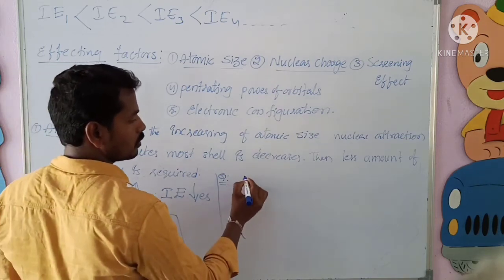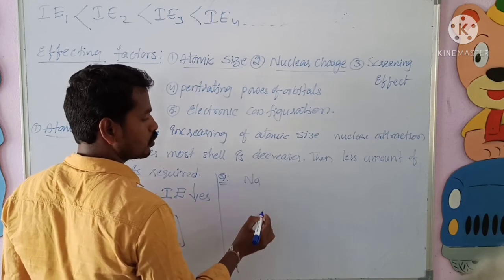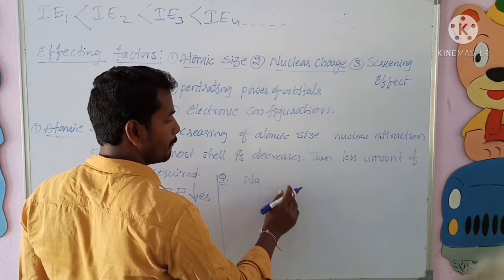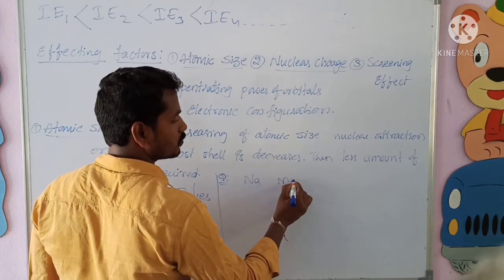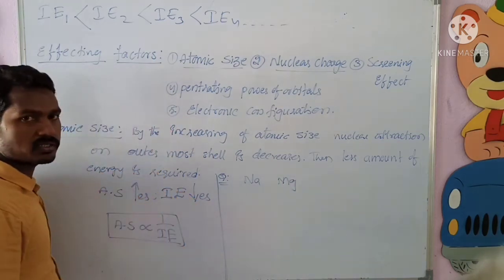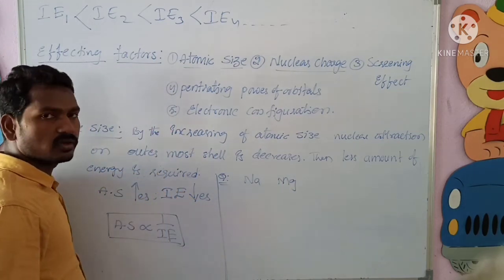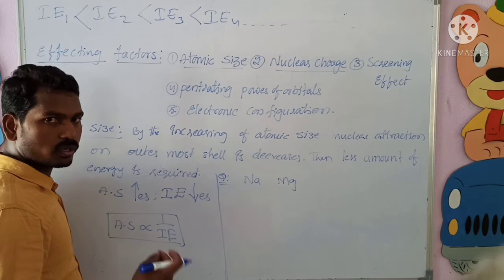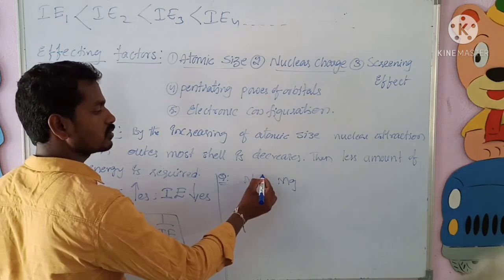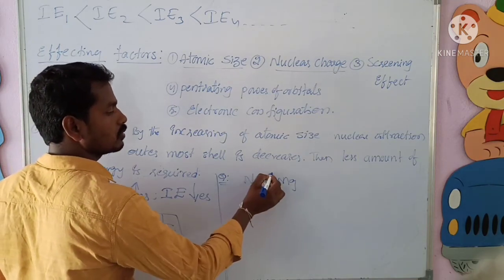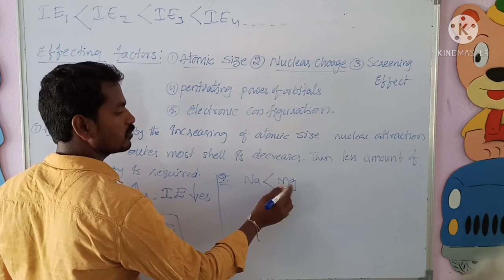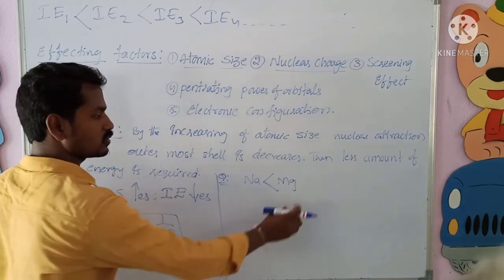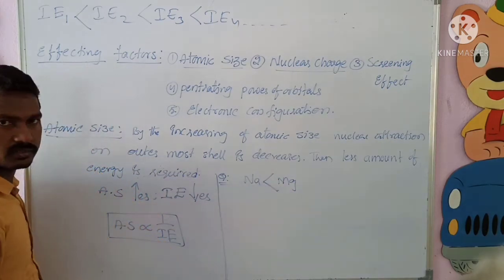Sodium and magnesium: in both cases, which has the more ionization energy? Magnesium has more ionization energy because it has a small size, while sodium has a big size.